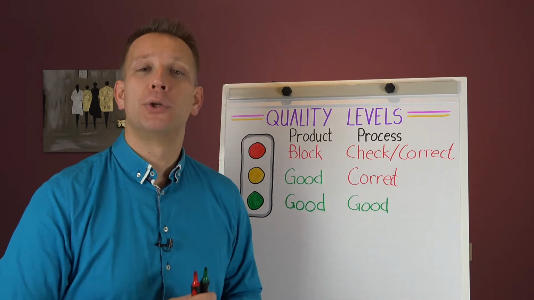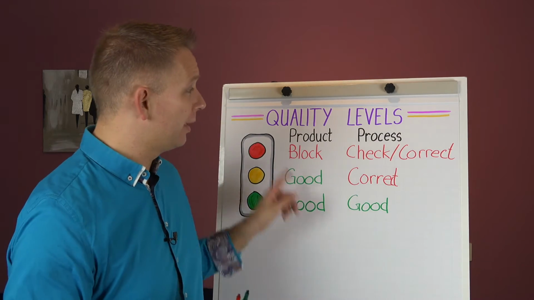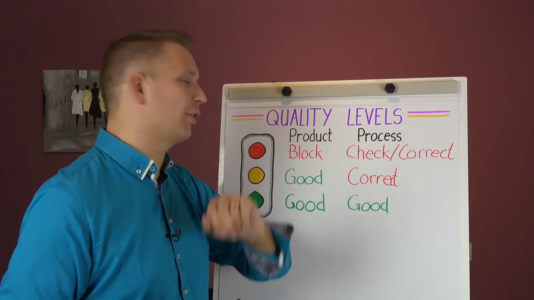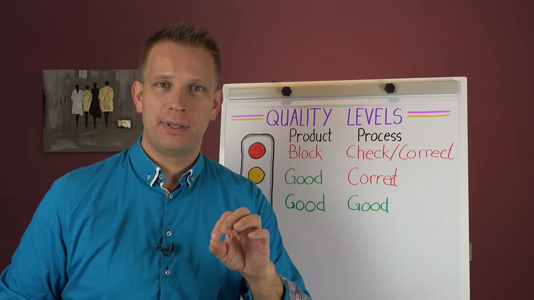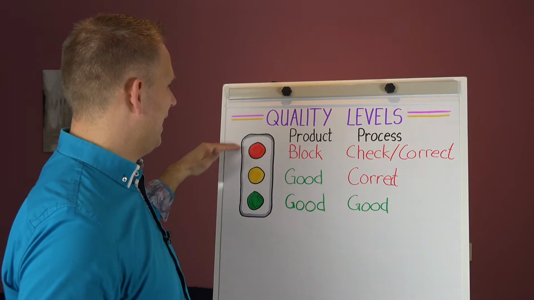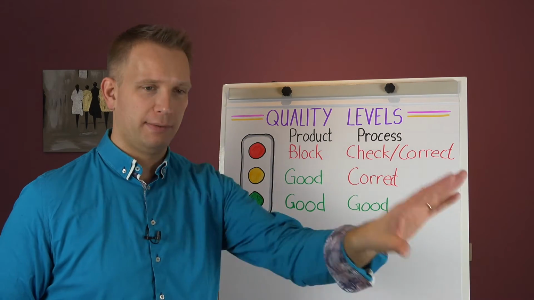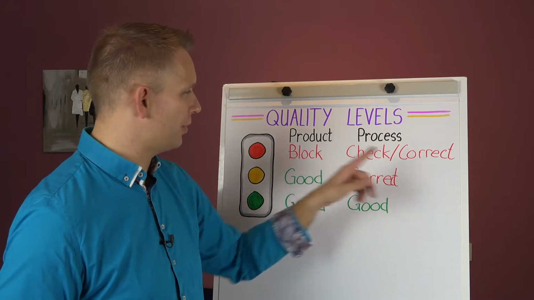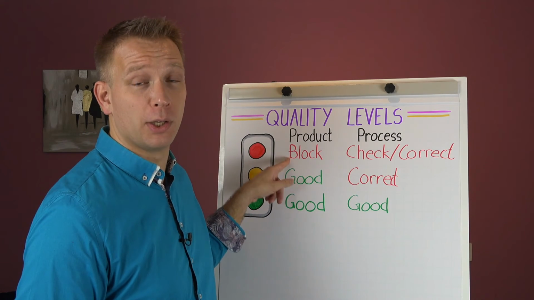It can just be normally used by the next department, but you need to check and probably correct your process. Your process has gone out of control. And then the red light is, okay, stop the product as well. We will be correcting the process, but we also first need to do something with our product.